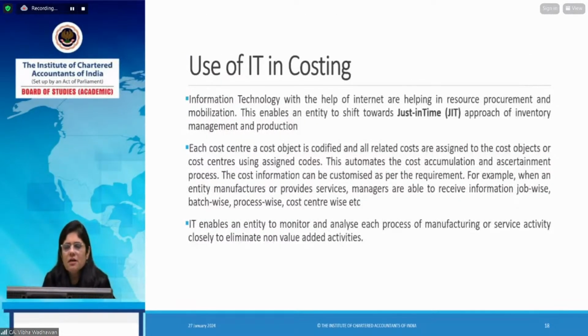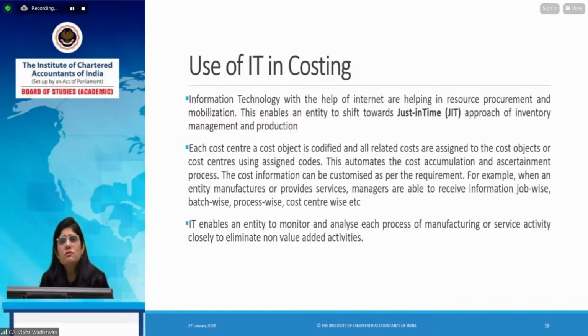And of course, since IT is helping resource procurement and mobilization, now we are shifting to a just-in-time approach. Just-in-time means we don't have to stock inventory. Otherwise, when the manual system was there, we had to stock the inventories, because a fresh purchase of inventory would take time.